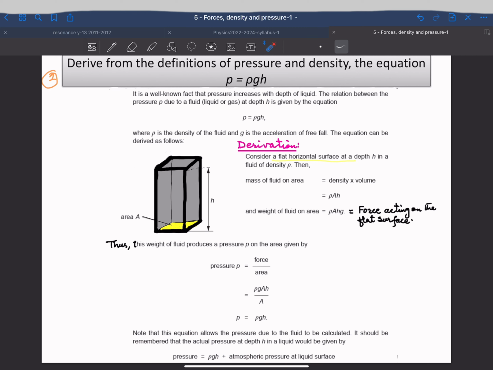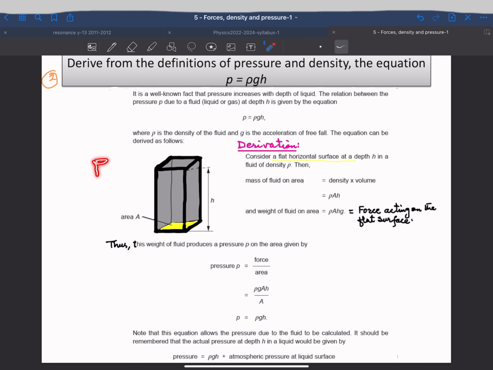So this is something which we have to consider. It depends on whether they are talking in terms of atmospheric pressure or not, but practically the situation is that not only the pressure of the liquid you will have, but you will have the atmospheric pressure as well. But remember this thing, that this will be a situation when your container is an open container.